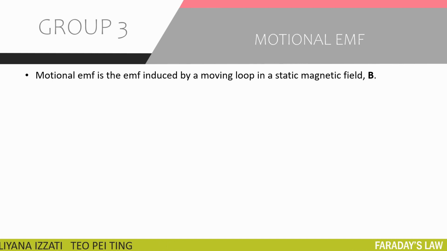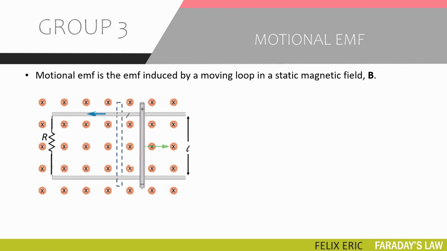Another type of EMF generation is motional EMF. Motional EMF is the EMF induced by a moving loop in a static magnetic field. Consider this example. A metal rod is placed on two metal bars that connect to a resistor. There is a static magnetic field and the direction is into the screen.